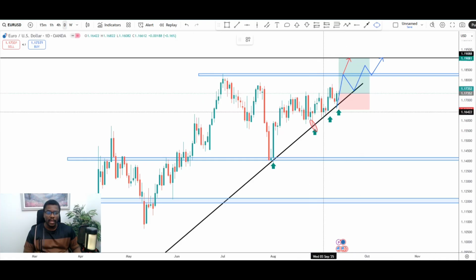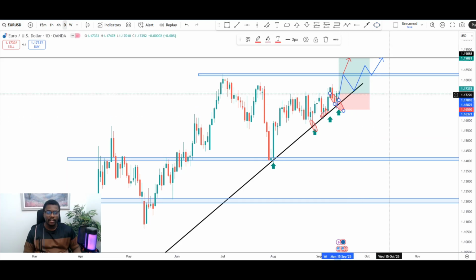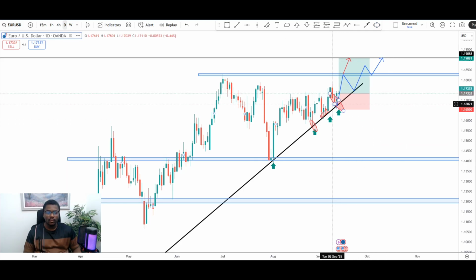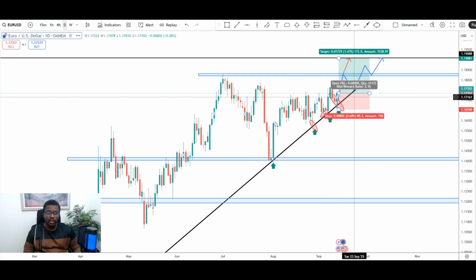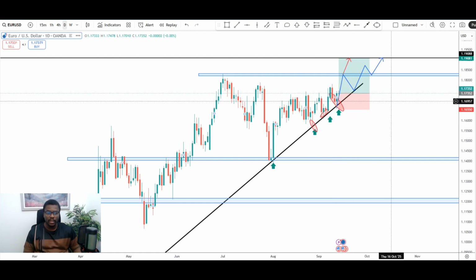So higher lows there as well, and again higher lows there, and all this pointing against the trend line as well. So that is why my bias has been strongly bullish, and that's why I took the bullish trade there. And there's always an opportunity to enter once the market reopens on Monday.